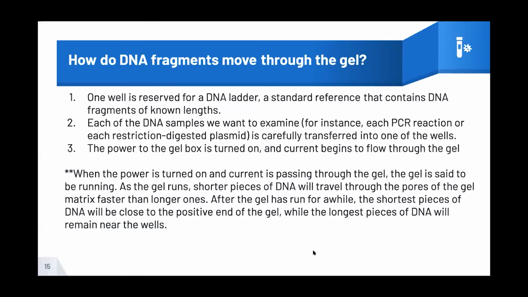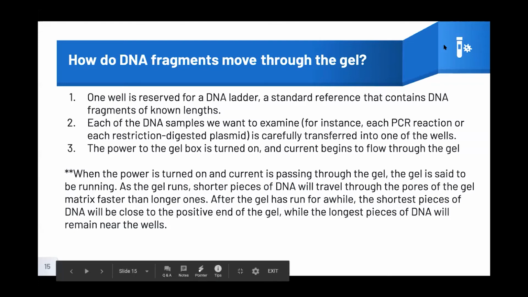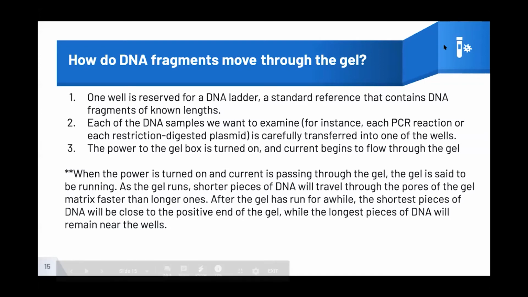So Natalie mentioned this a little bit, but DNA and RNA are both negatively charged. As we saw in the last slide, there was a negative side and a positive side to the gel box. And since the DNA is transferred into the wells, which are on the negative side of the gel box, once you turn on the power to the gel box, then the DNA will travel from the negative to the positive side.